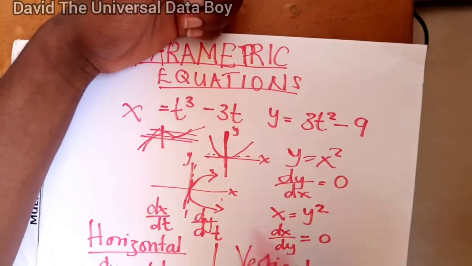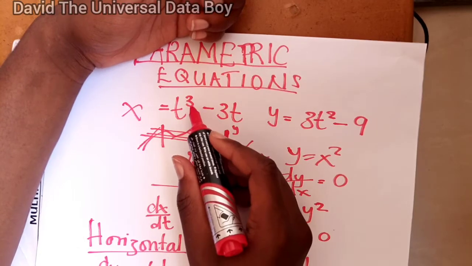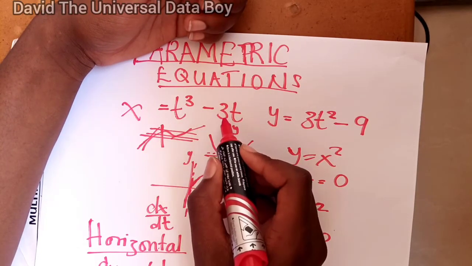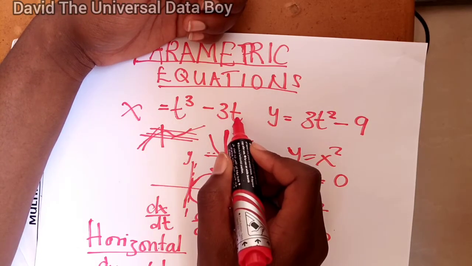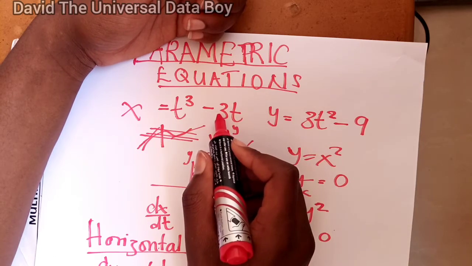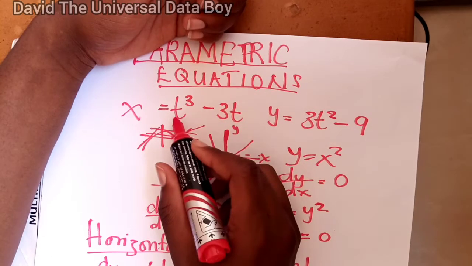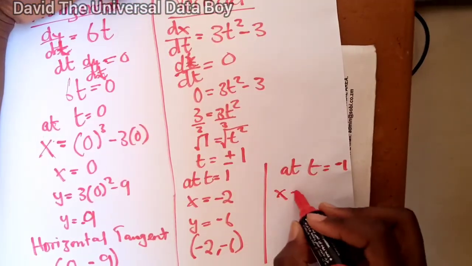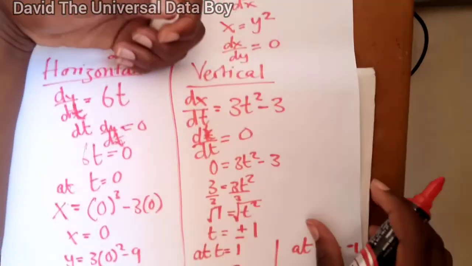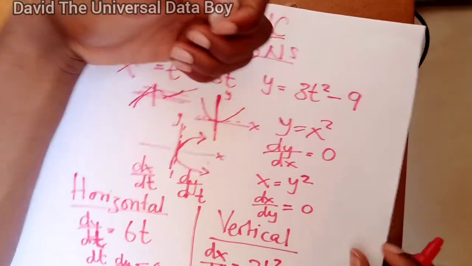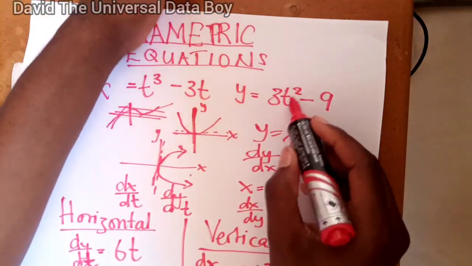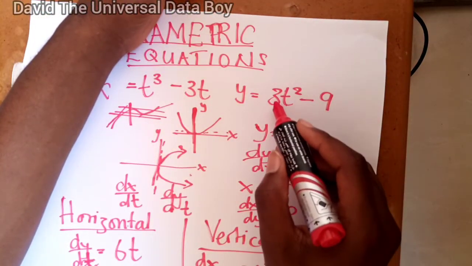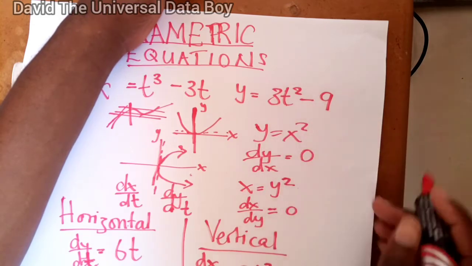At t equal to negative 1, negative 1 to the power 3 is negative 1, minus 3 times negative 1, so that t term will be positive. Then we have negative 1 plus 3, so x is equal to 2. Then y is negative 1 to the power 2, that's 1, times 3, that's 3, 3 minus 9, that's negative 6.